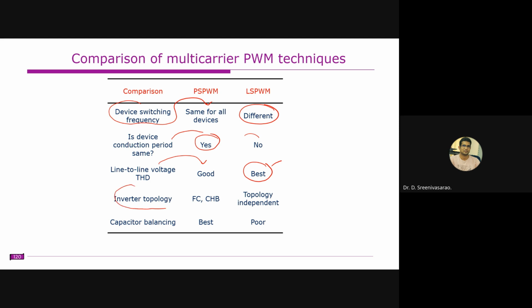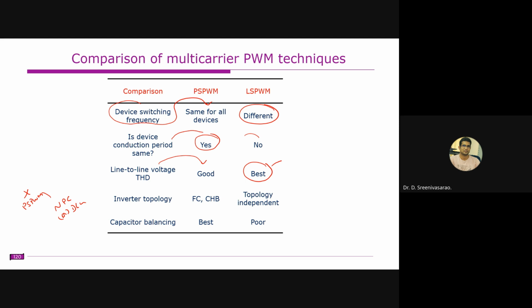Another drawback of phase shift PWM is that it cannot be utilized for flying capacitor, diode clamped multilevel or neutral point clamped inverters. For NPC or diode clamped multilevel inverters, phase shift PWM is not applicable, because they don't have switching redundancies.